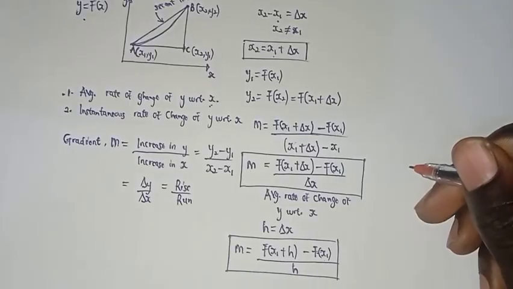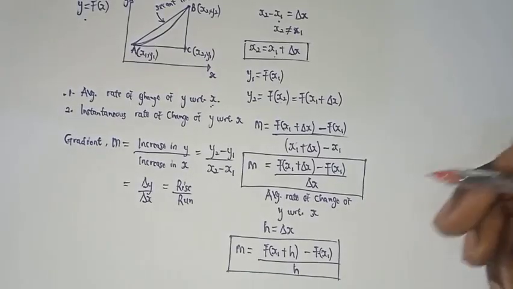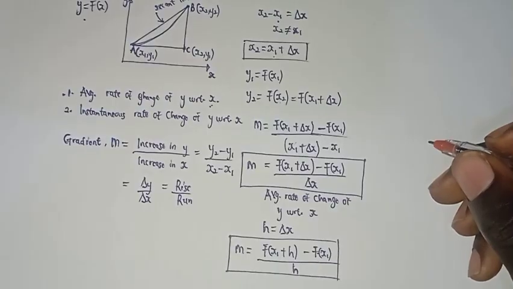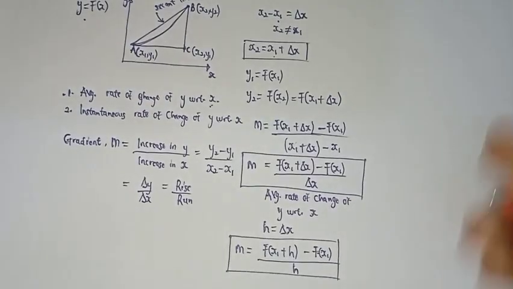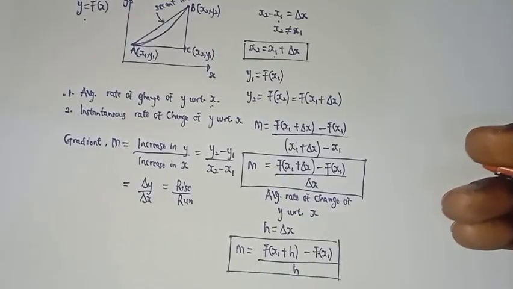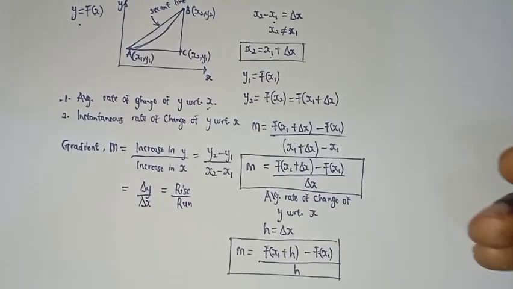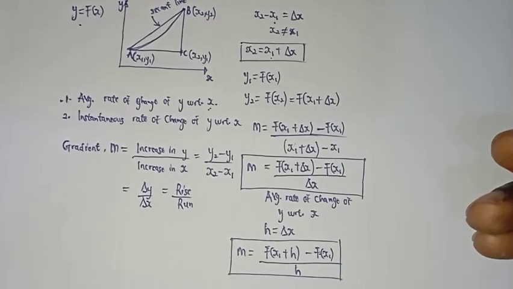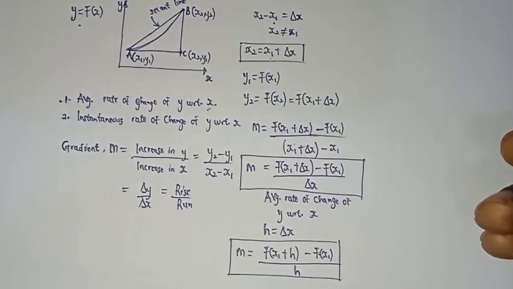Now the next thing that we need to solve for is the instantaneous rate of change, which actually gives us the first principle derivative formula. It gives us the actual formula of differentiation using first principle.